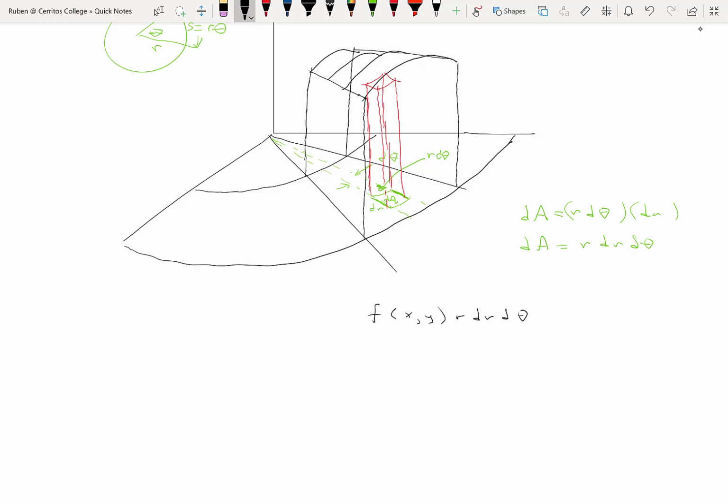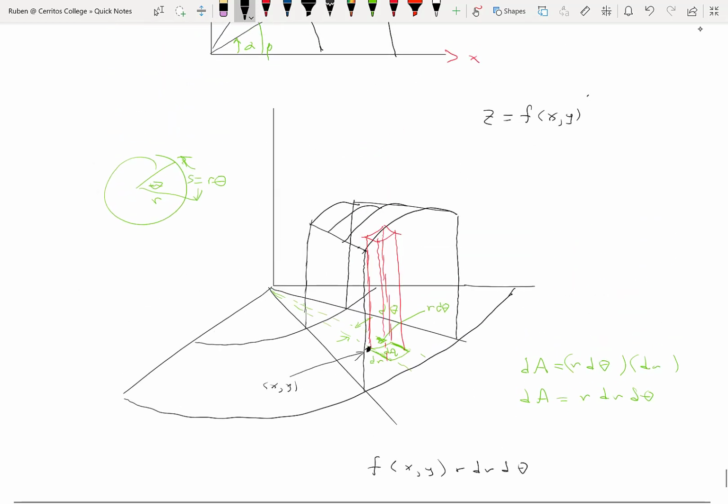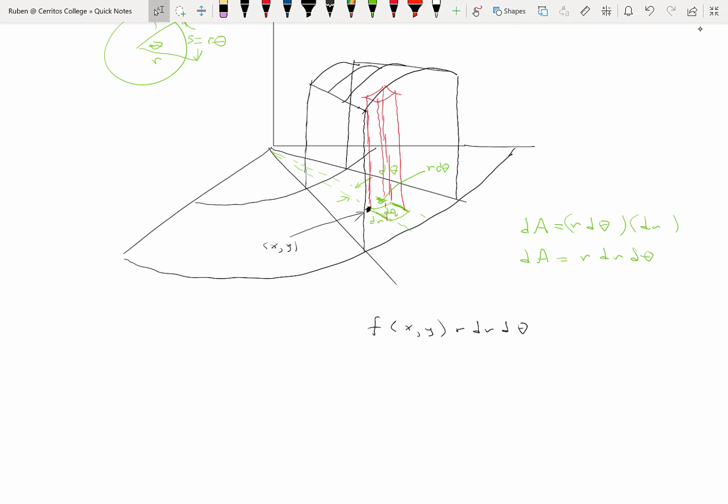Well, if x and y correspond to, say, the corner that I've got heavily dotted off, then f of x y is the height, because remember our surface is z equals f of x y, but polar coordinates are x given by x equals r cosine theta and y equals r sine theta.